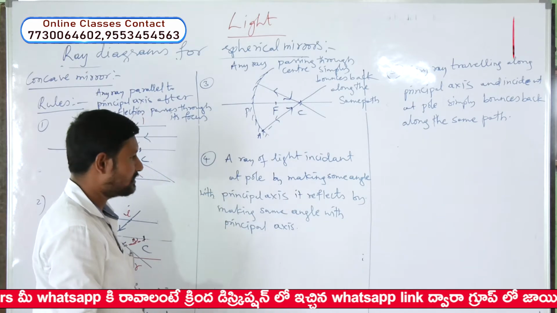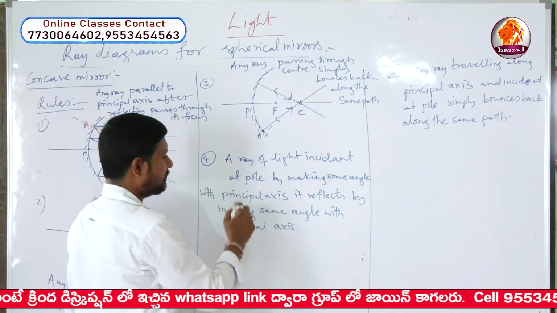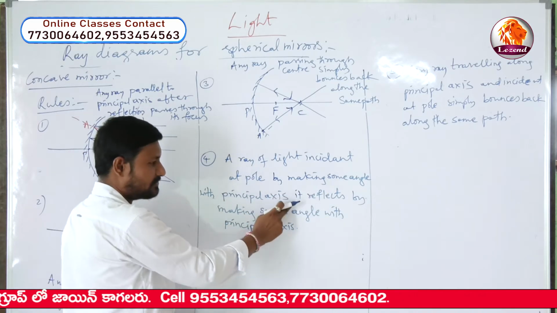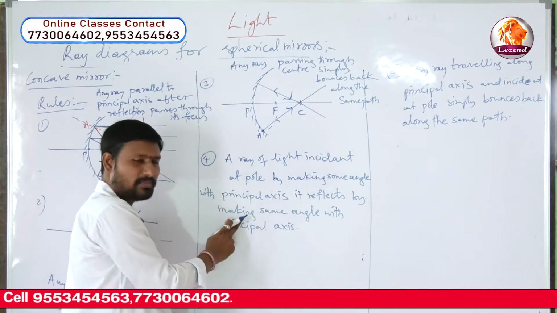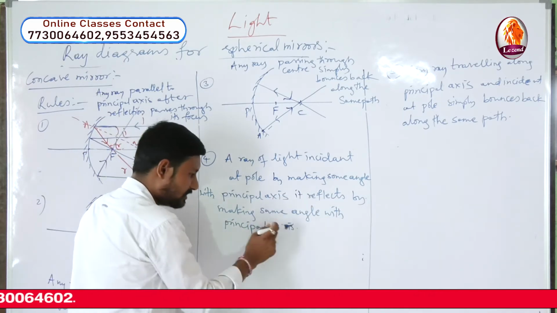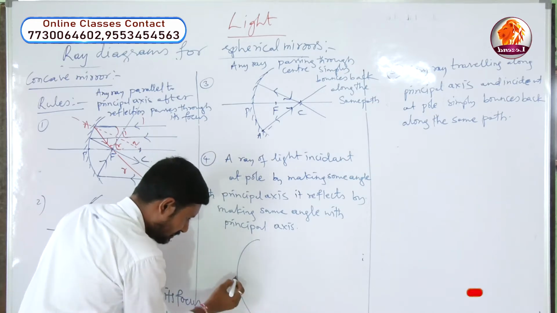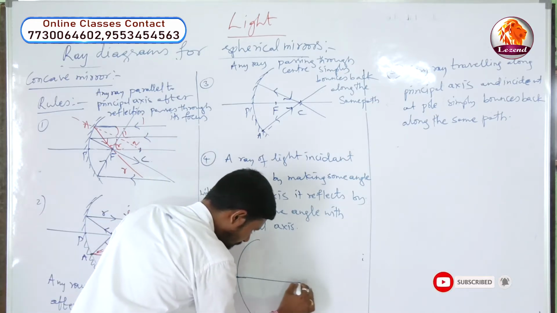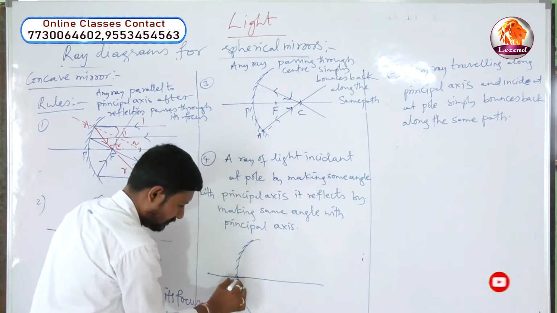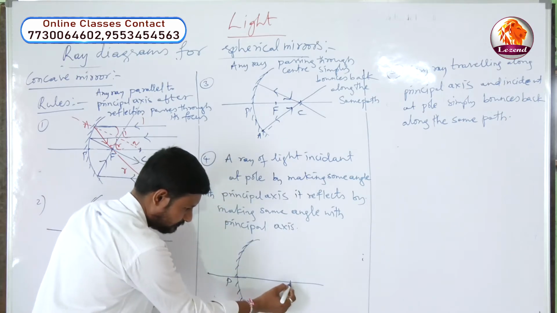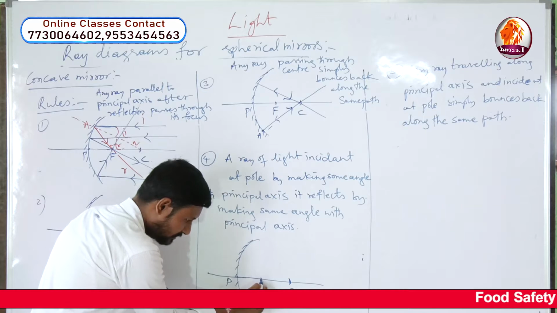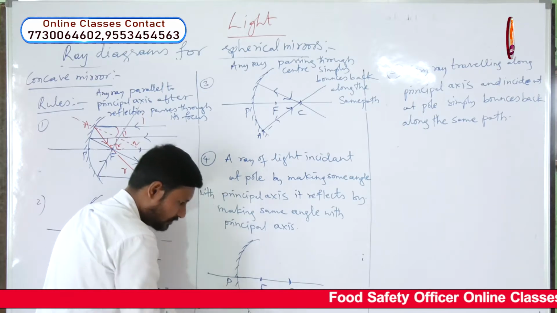And the fourth rule is: a ray of light incident at the pole, making some angle with the principal axis, reflects making the same angle with the principal axis. Look here. This is the pole, concave mirror, center of curvature, and the midpoint of this is the principal focus.